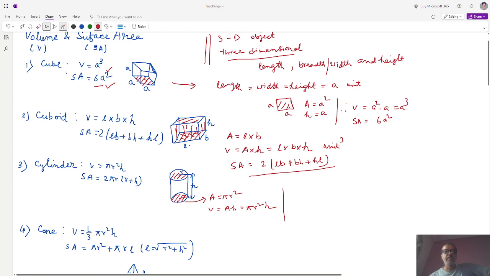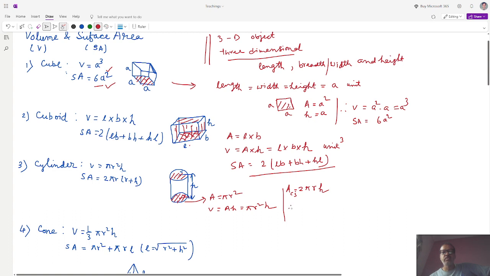The circumference of this circle is 2 pi r, and the height of the cylinder is h. So the area of curved surface equals 2 pi r into h.